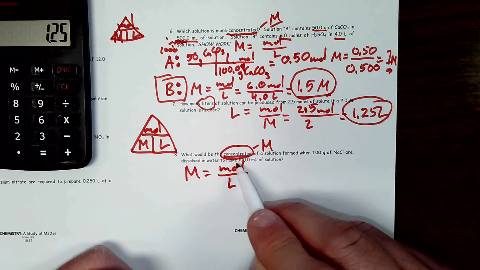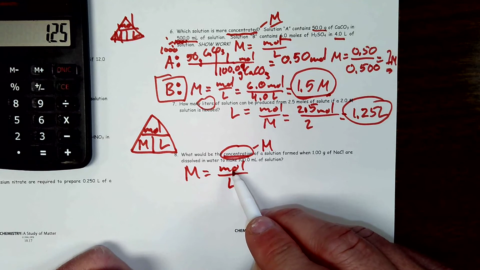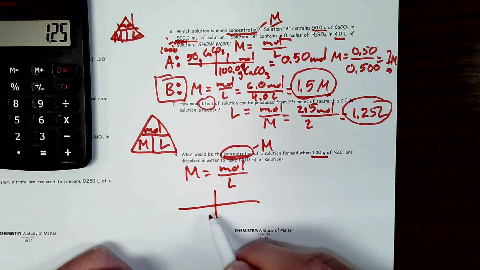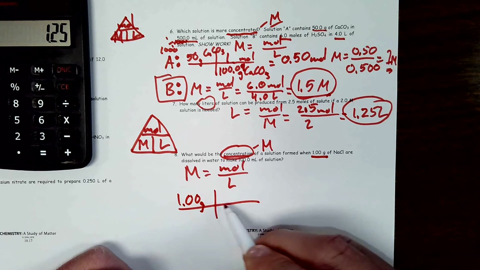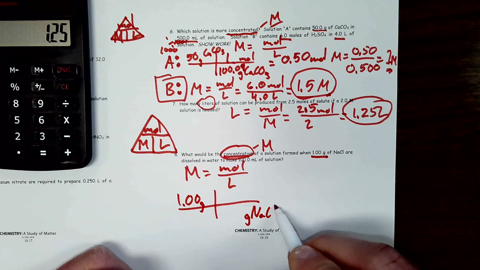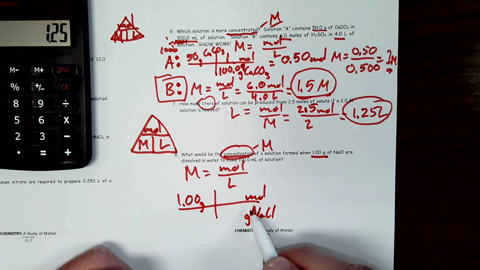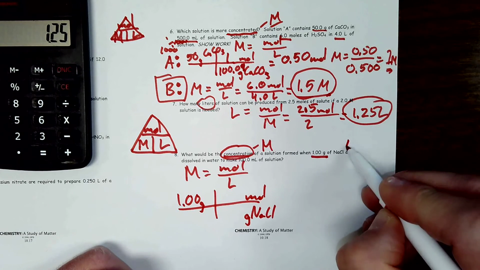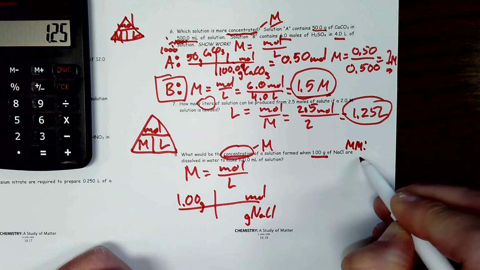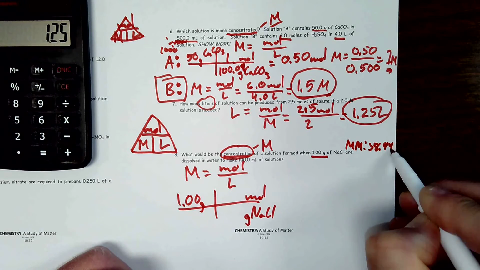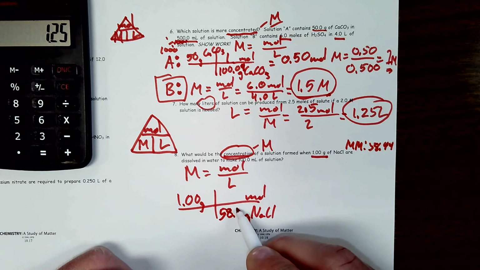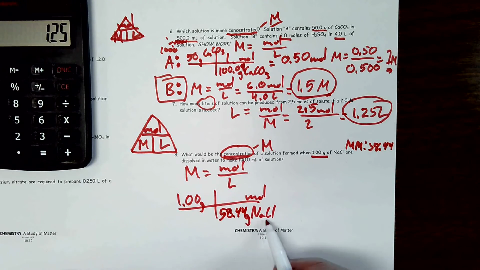I am missing my moles, so I need to first convert grams into moles: 1.00 grams of NaCl to moles. Whenever we go between moles and grams, we need the molar mass of NaCl, which is 58.44. That number always goes with the grams. So I have 58.44 for the grams, and it's per mole, so it's 1 mole.